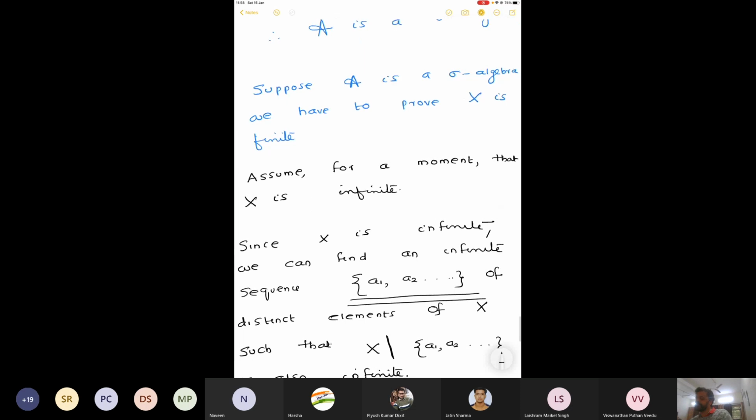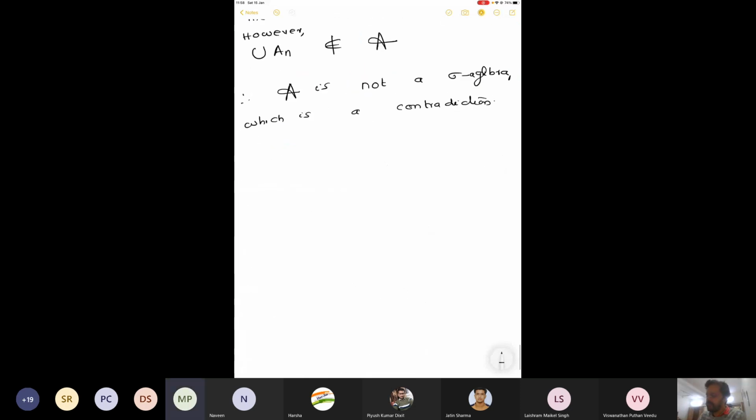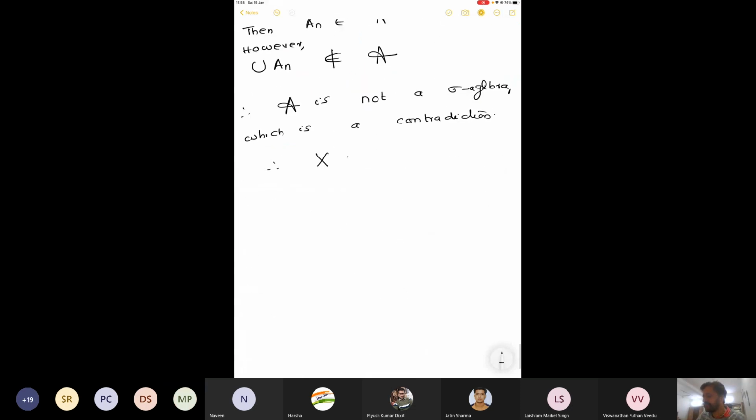You assumed that X is infinite. Therefore, X is finite. So the collection of finite and cofinite subsets will always form an algebra. But if you want it to be a sigma algebra, the parent set X should be a finite set. Otherwise, it is not possible.